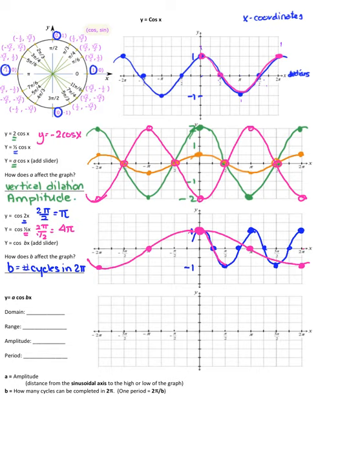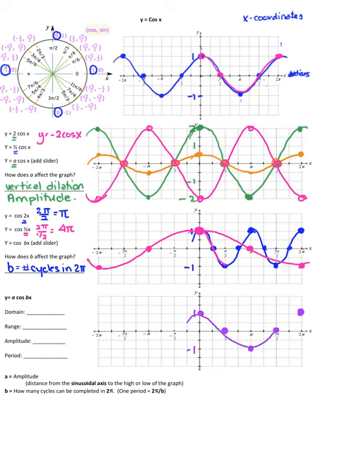Okay, so putting it all together, we have a cosine b, where again, a represents your amplitude. Cosine starts high, at 2 pi it ends high. At pi is the halfway point, so it hits a low. At the quarter points, pi over 2, 3 pi over 2, you hit 0.